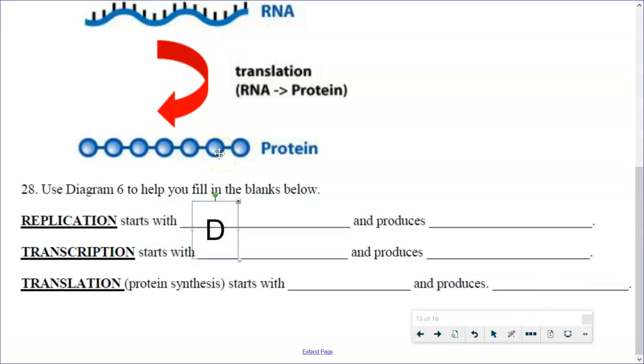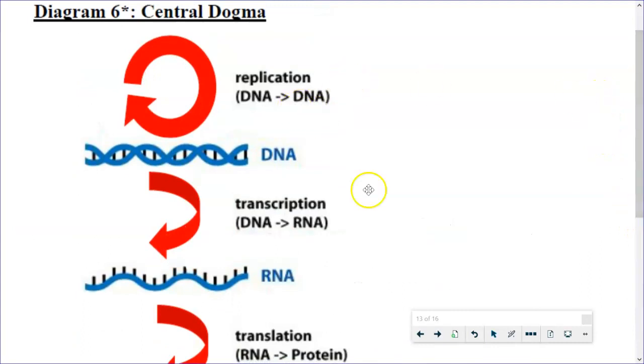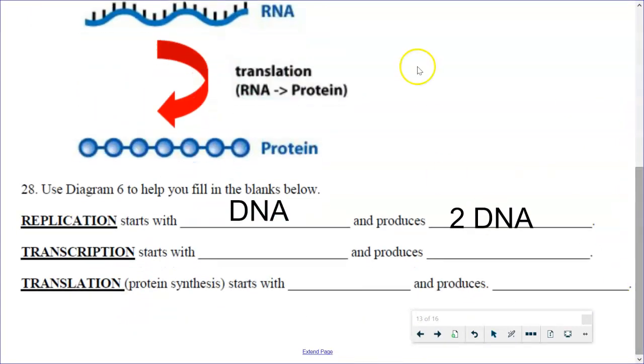We're going to start with a piece of DNA. And at the end, we're actually going to have 2 DNAs. So you need to use that diagram above and fill in these other blanks. You're going to use words like protein and RNA, just following the picture here. So make sure you fill out 28 before you go on.